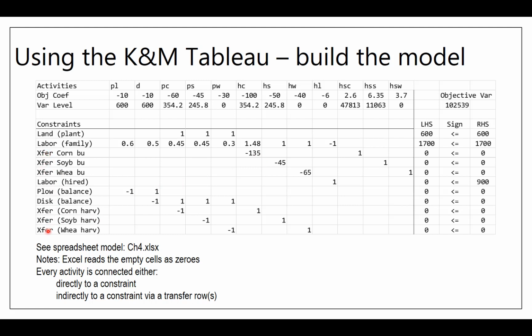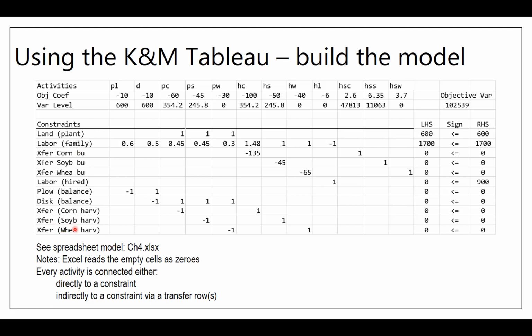The plow and the disc is just the balance for land. And then for these, these are the transfer to get corn into bushels units, and these are transfers to get planted corn into harvest corn, right? So the units aren't transferring here. It's just the stage of production.